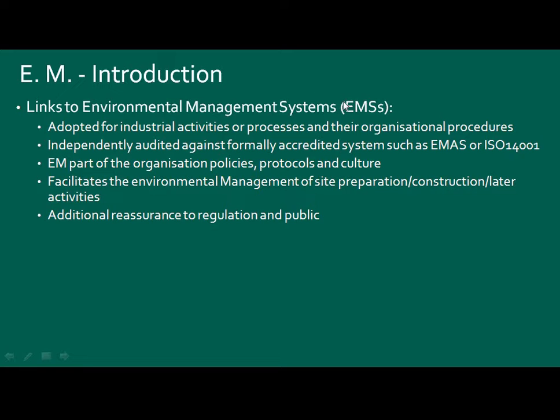So systems means detailed procedural information, policy information on environmental or industrial activities or processes and the organizational procedures to be followed. Independently audited against formally accredited systems such as EMAS or ISO. ISO 14000 we discussed before, it consists of the environmental management system plans.